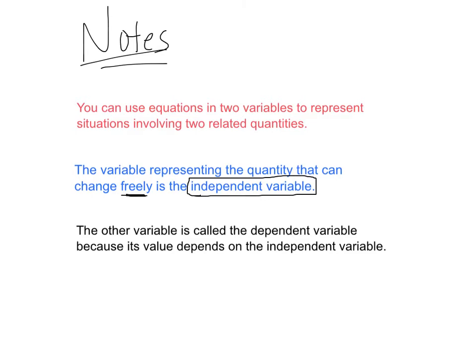The other variable is called the dependent variable because its value absolutely depends on the independent variable. So write that down, I'll explain it as we go.